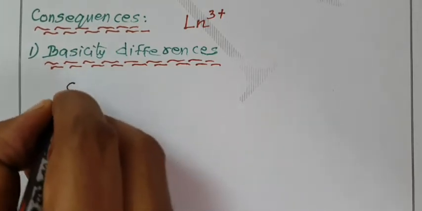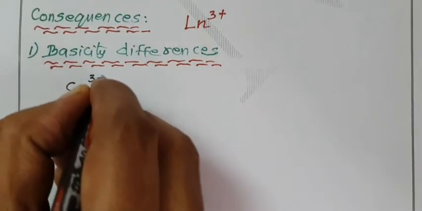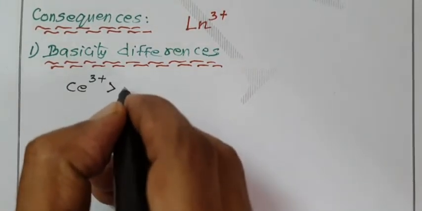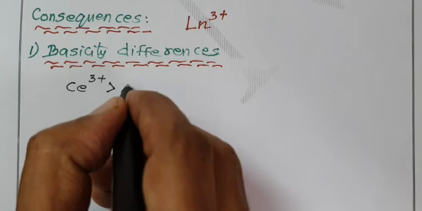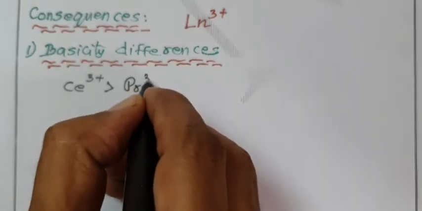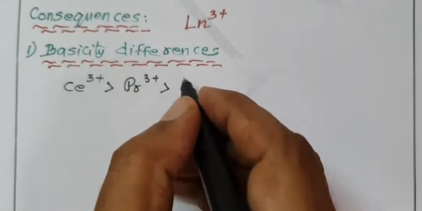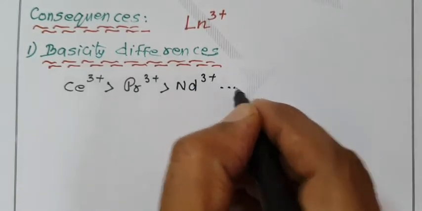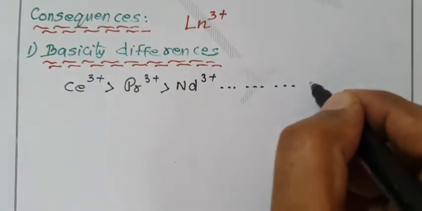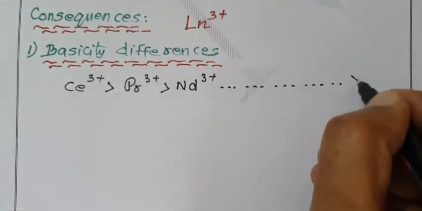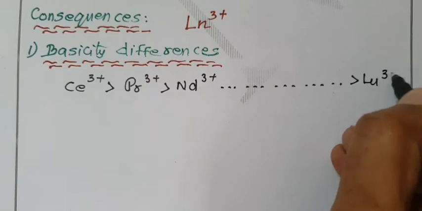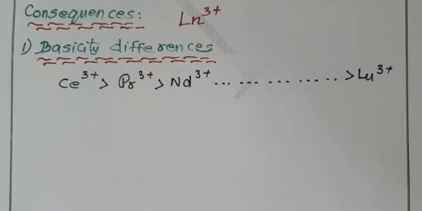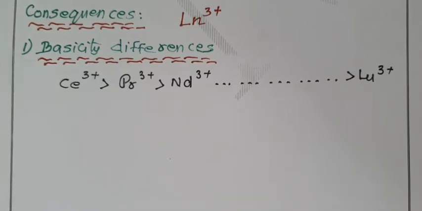Cerium 3+ has an ionic radius greater than the next element, praseodymium 3+, then neodymium 3+, and so on up to 4f14 lutetium 3+. This is the decreasing order of ionic radii of lanthanides due to lanthanide contraction.